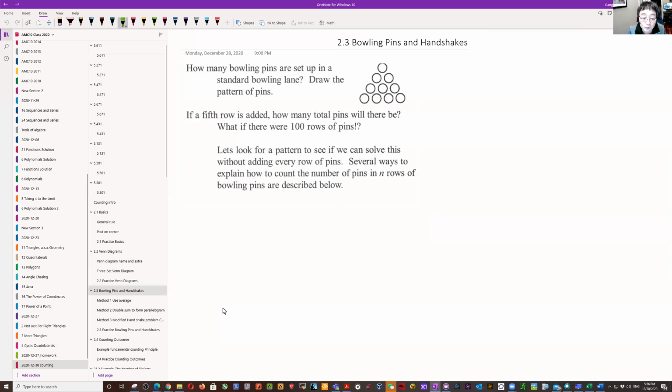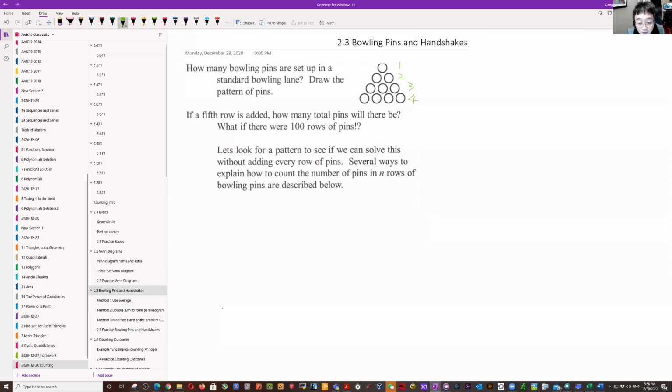To count them, the first layer is 1, second layer 2, third layer 3, and 4. So it's just like counting an arithmetic series, and that's actually quite simple.